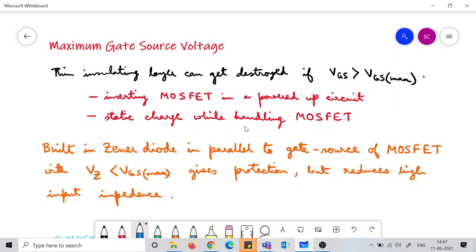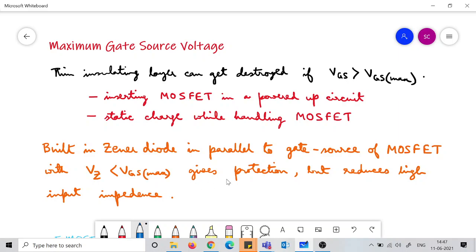To avoid such accidents, sometimes the manufacturer builds a Zener diode in parallel to the gate-source of the MOSFET, with a Zener voltage rating less than the Vgs max.